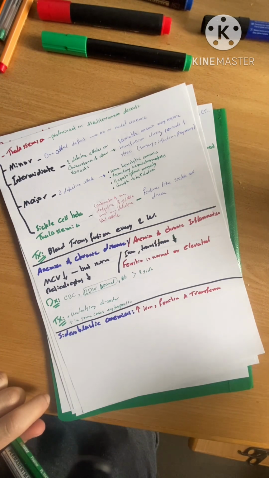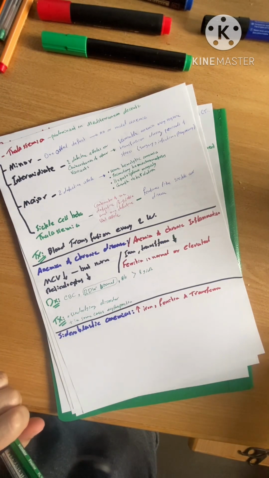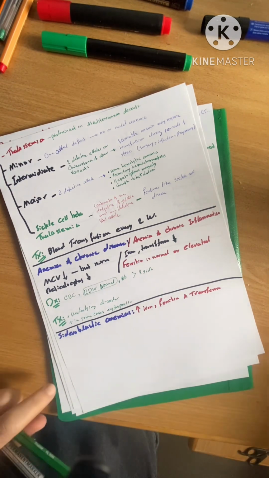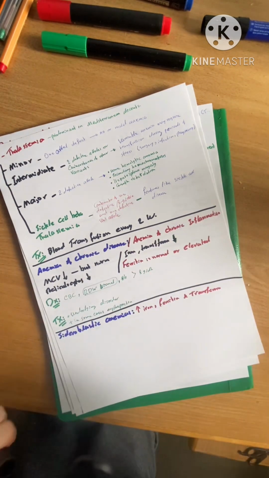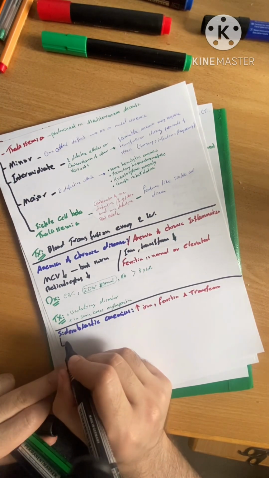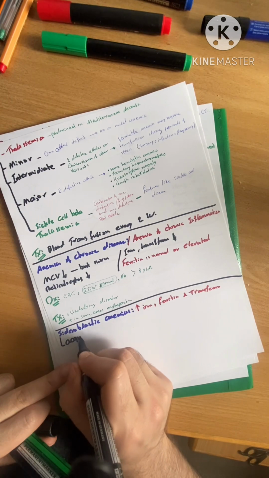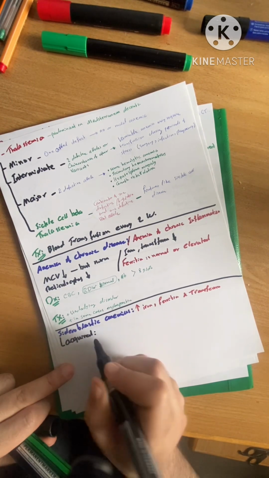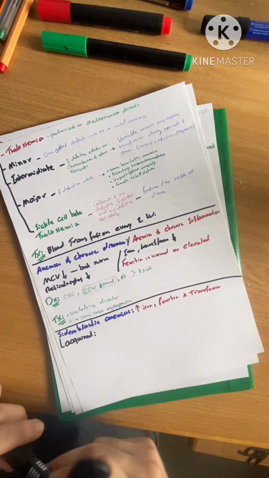We have two types of sideroblastic anemia, acquired and congenital. First, let's talk about the acquired one.